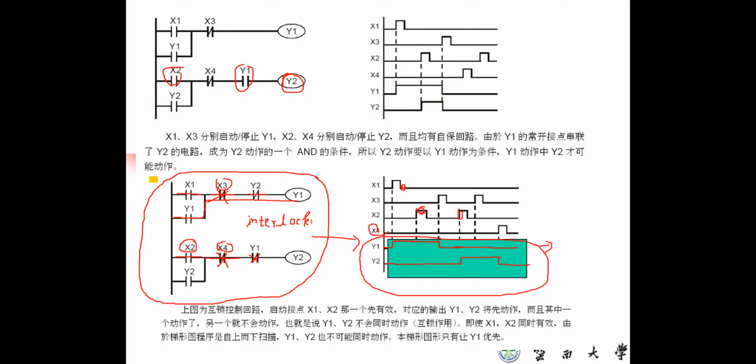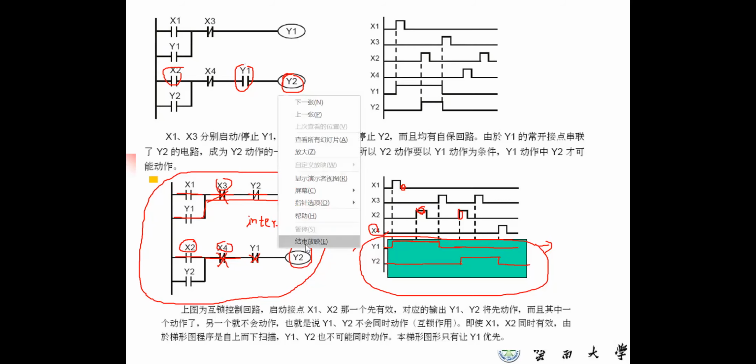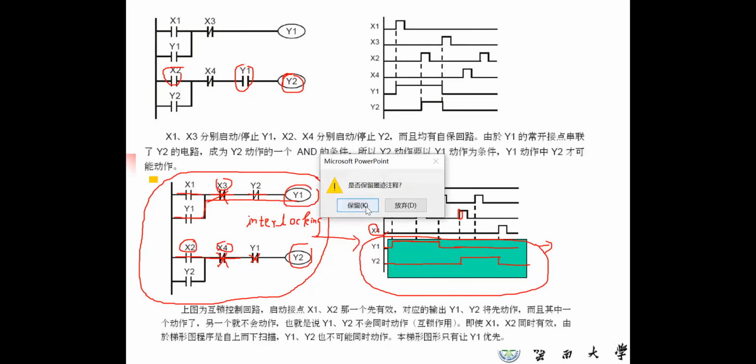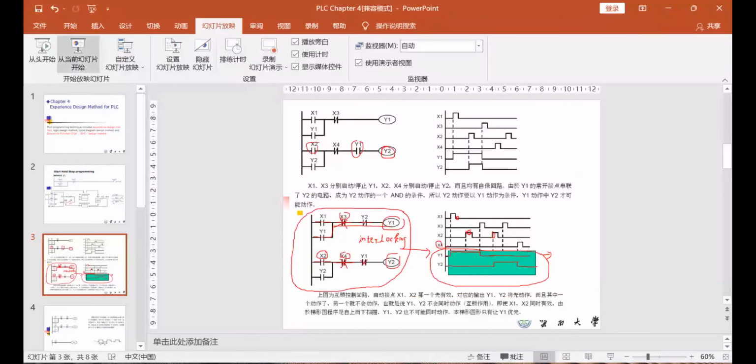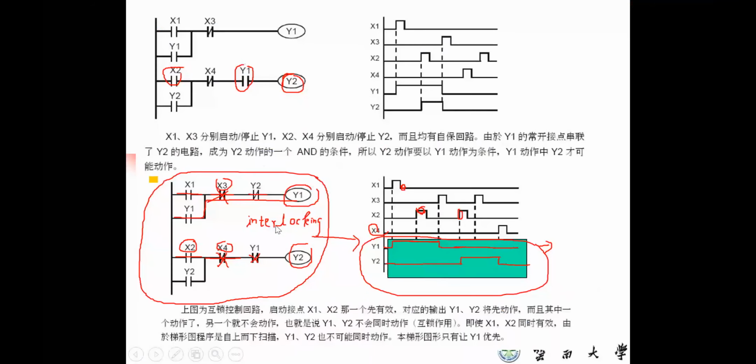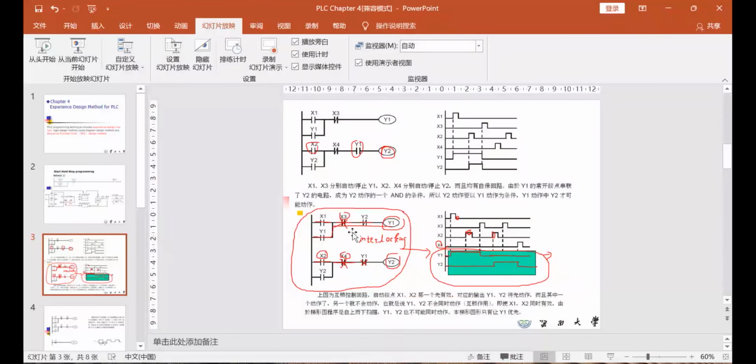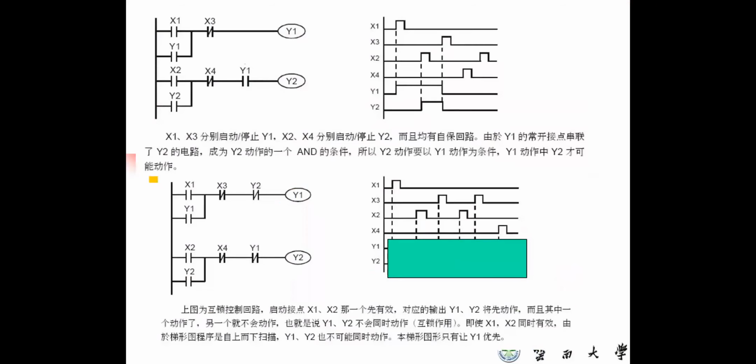interlocking. Do you know interlocking? Y1 and Y2 is interlocking. What does it mean? It means Y1 and Y2 are dependent on each other.